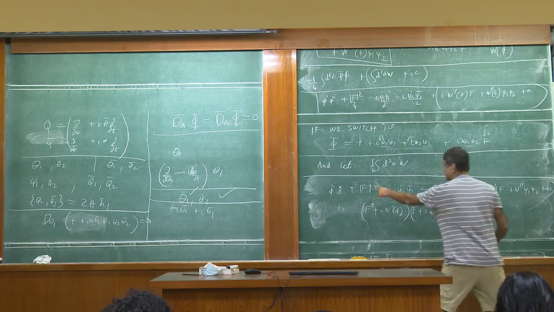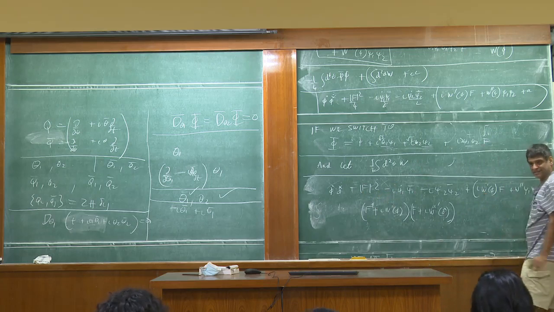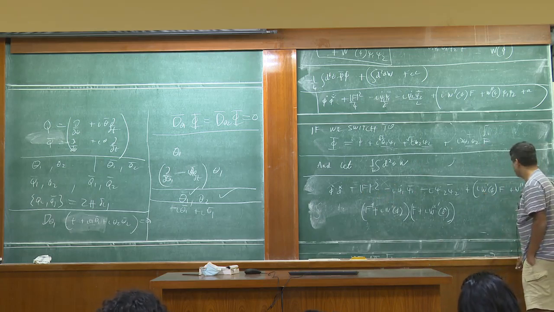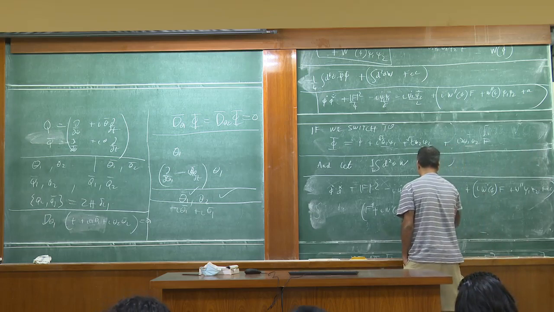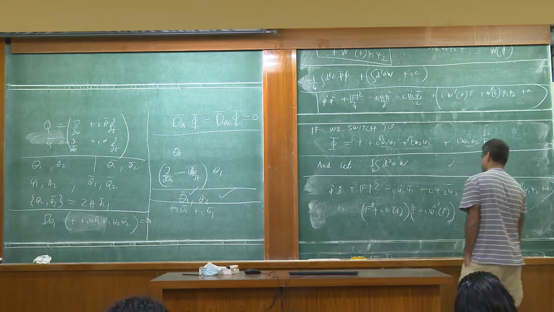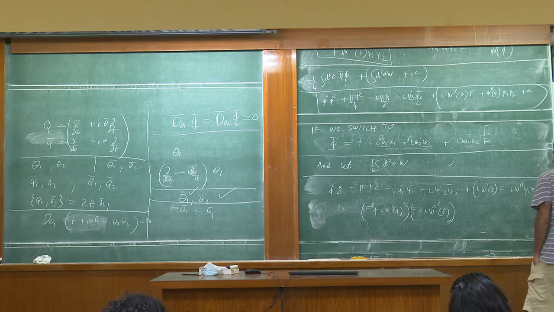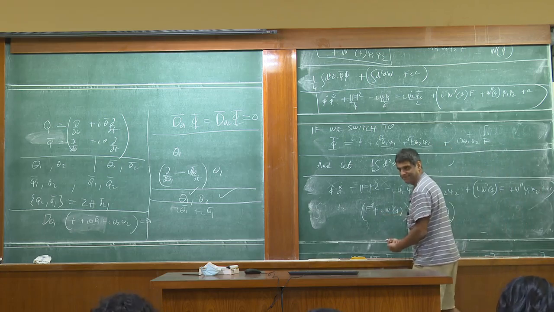This would have produced this term, and the complex conjugate term. Minus i W, sorry. Yes, minus i W. But then this would have been plus W prime squared.